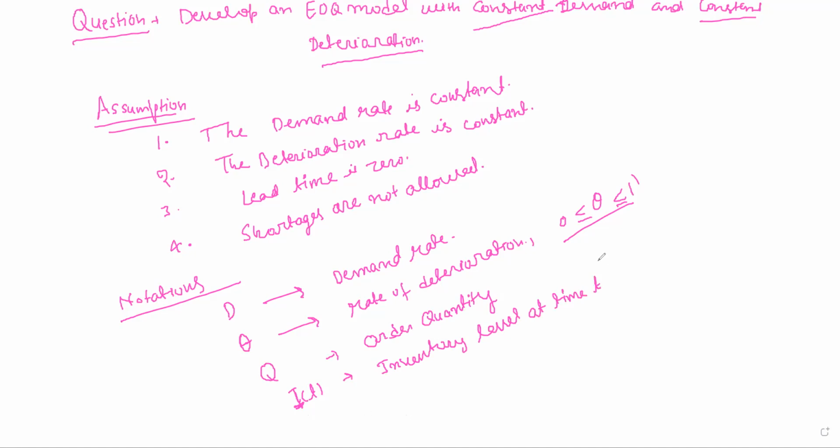Okay, now there are some costs. So first we write C1 as ordering cost, and this is per order. And second we write C2 as holding cost per unit time.